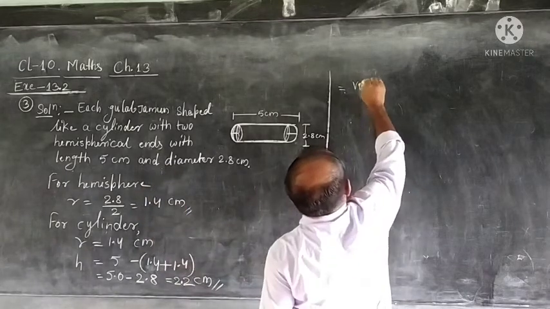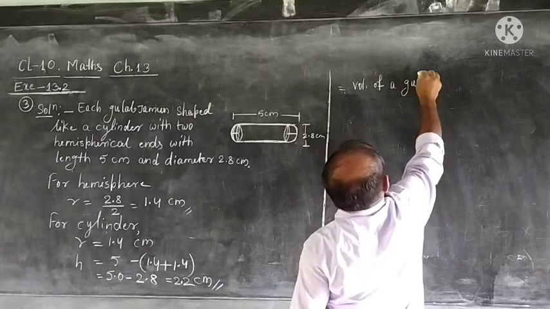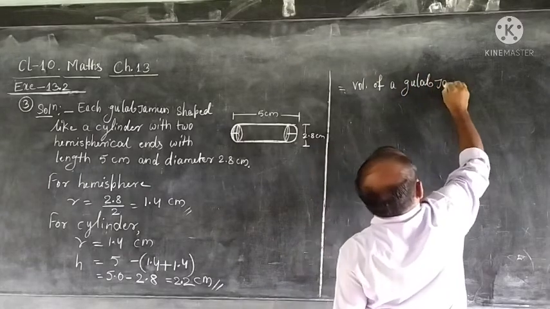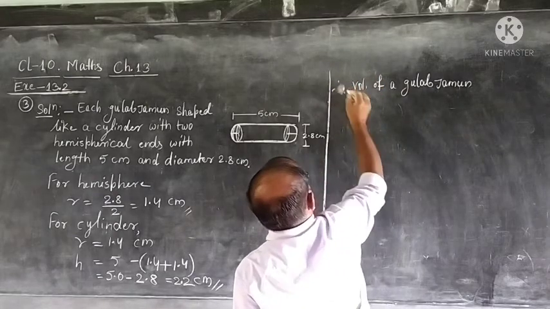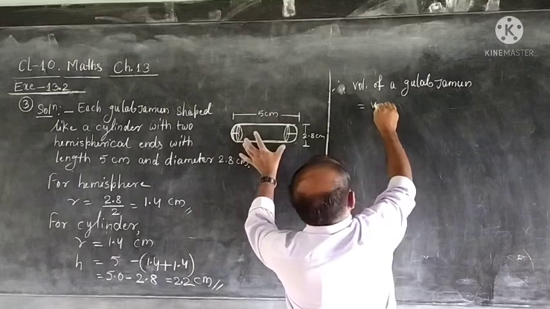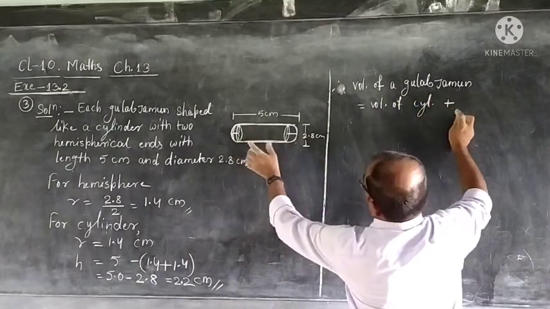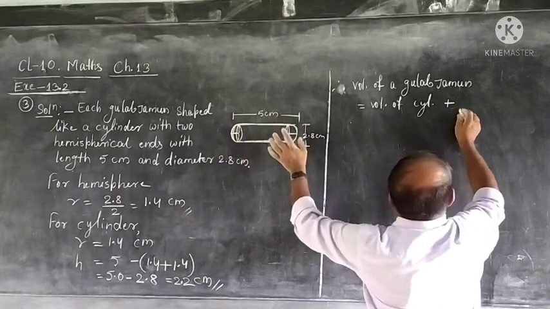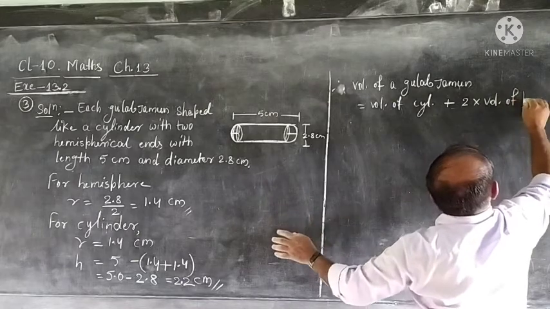First of all, we will find volume of 1 gulab jamun. Therefore, volume of 1 gulab jamun will be volume of cylinder plus volume of how many hemispherical ends? 2. So, 2 into volume of hemisphere.